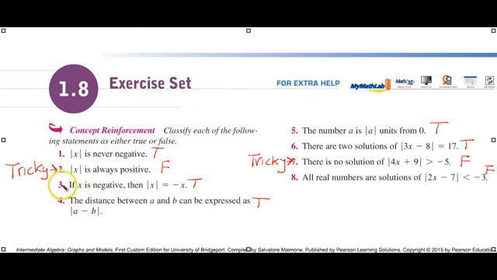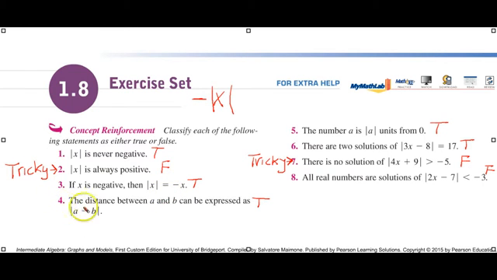Now, in number 3, if x is negative, then the absolute value of x, once we convert it, would be a negative x. Now, normally they write this way to ensure that. They'll put the negative outside. They're not showing that here, so again, that's a little tricky.